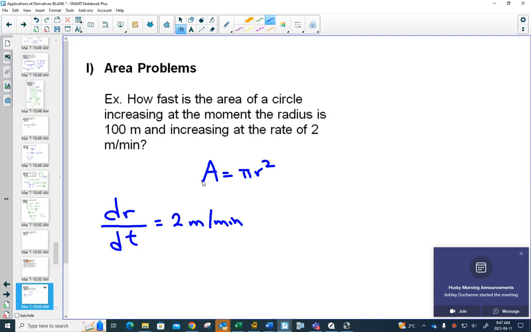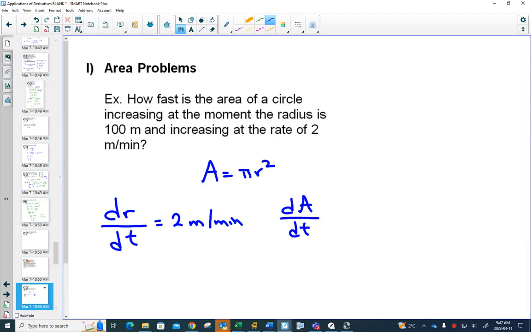We are asked to find dA/dt equals what at r equals 100 meters.